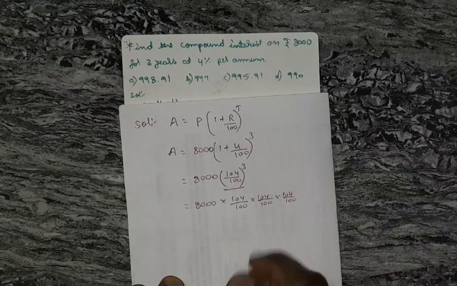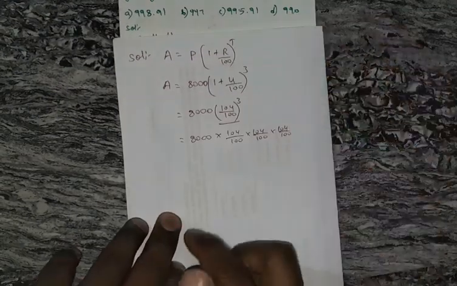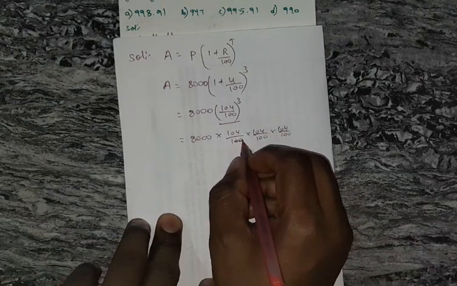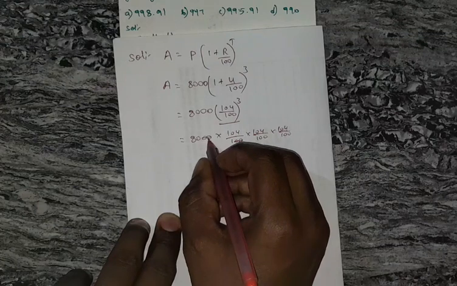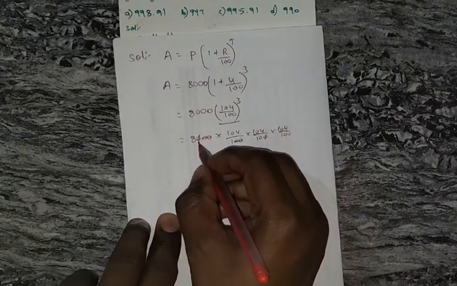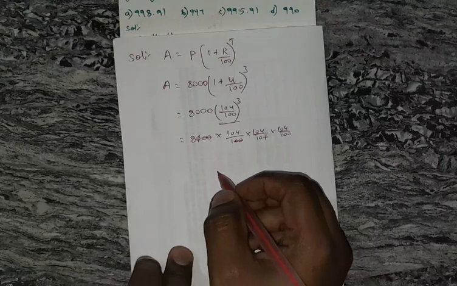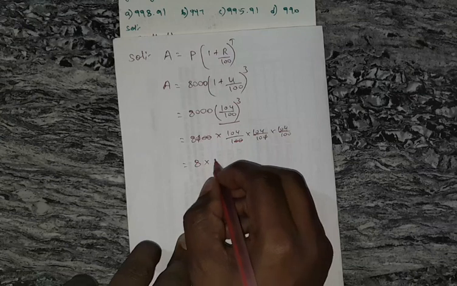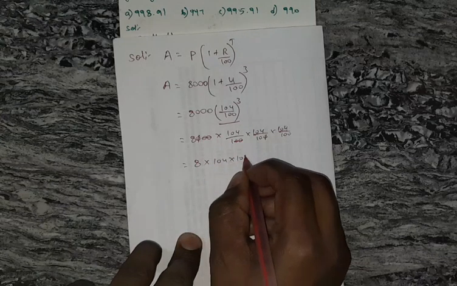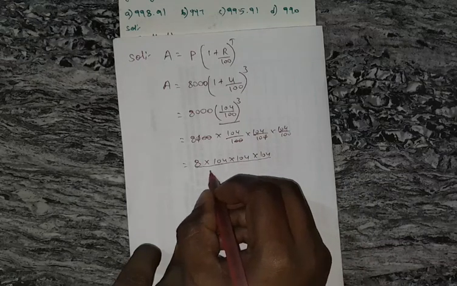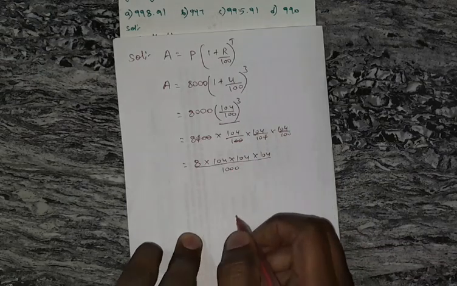Now these two zeros and these two zeros get cancelled, and this 10 and 10 get cancelled. Now 8 into 104 into 104 into 104, the whole divided by 1000.